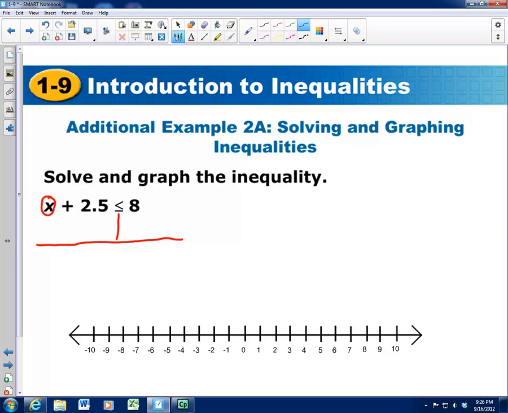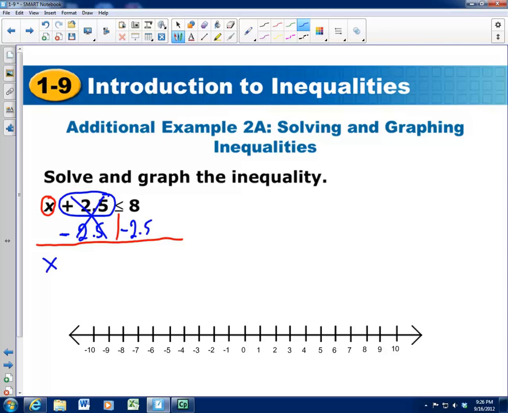Okay, so we have to get rid of this plus 2.5. Well, how do we get rid of plus 2.5? Well, we have to do the opposite of it, which is subtract 2.5. Remember, on both sides. Okay, so my 2.5s cancel out over here.